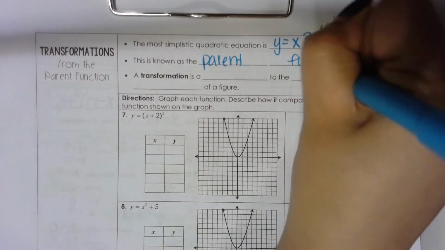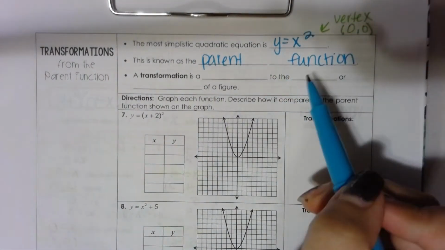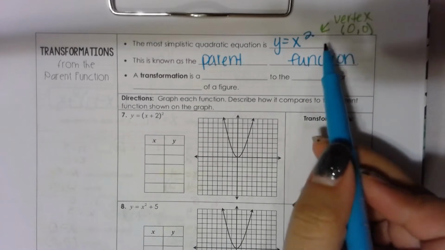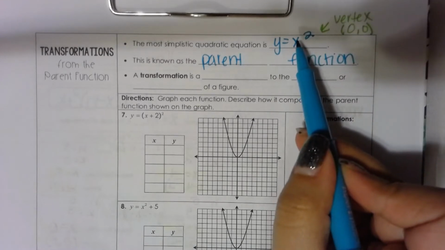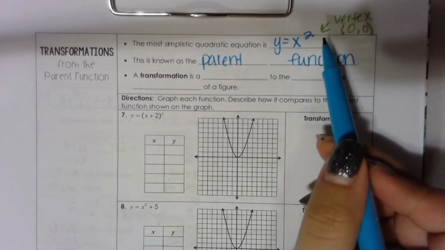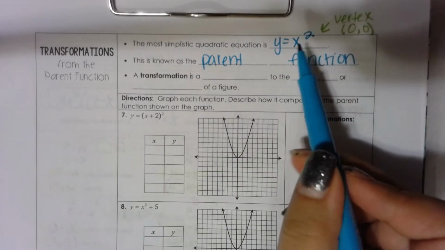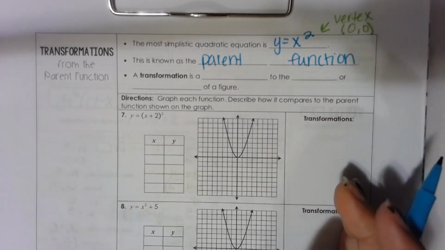It's known as a parent function because this is the most simplistic one. They took the original, the parent function, and then adding on other numbers will change it depending on where it goes. So it'll change it to move left from its position, right, up, down.